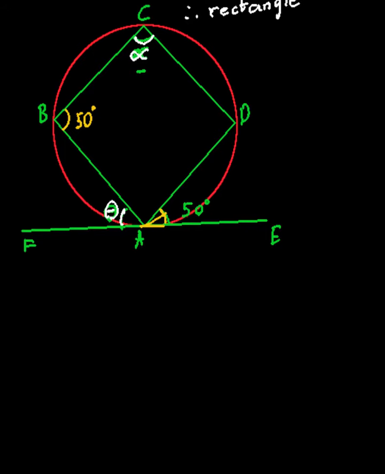Now this, some people find it quite hard to visualize, right? So the easiest way to do this, right, is to draw a Z. Sorry, my mistake. So let me start again.